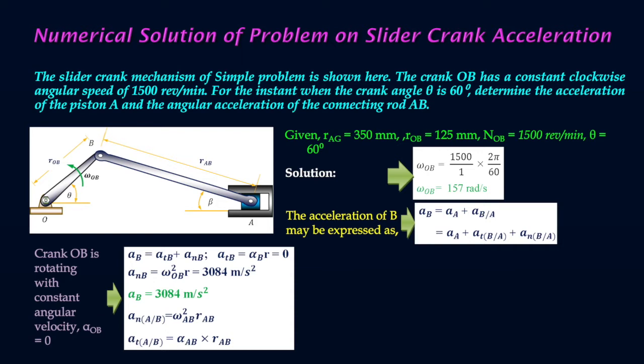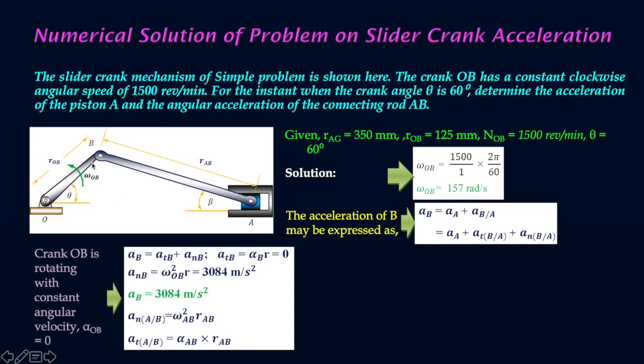Then we have to find the angular acceleration of the connecting rod, this one, but this AB is the acceleration of this point B, and the two components of the acceleration of AB are AN, omega square AB, and alpha AB.